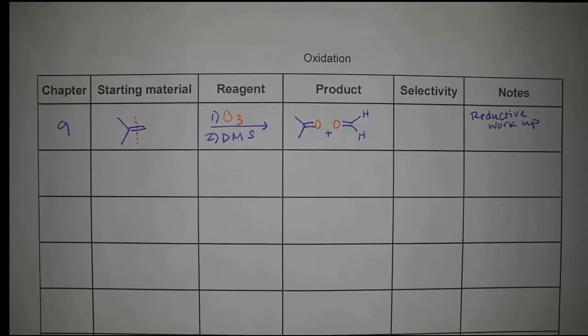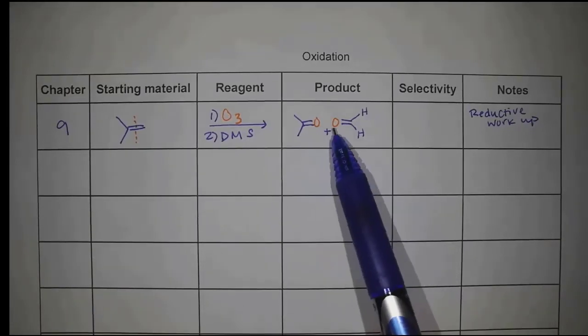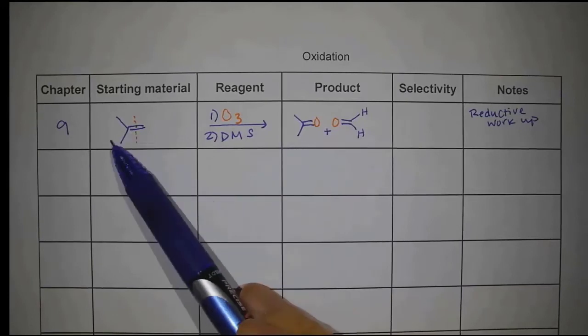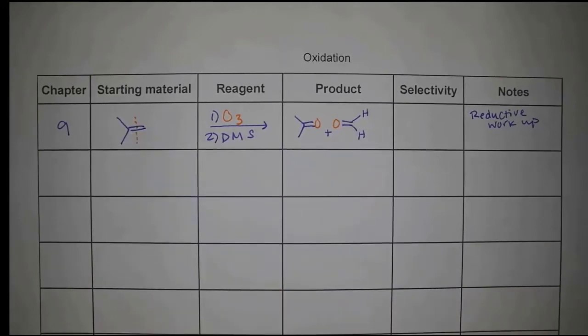Any questions on that reaction? So ozonolysis, which is that smell from the photocopier that you get, is a way to cleave double bonds in half. So if you're looking for reactions where you end up with this ketone or an aldehyde, or in a case where you lose a carbon, you would want to look for ozonolysis there.